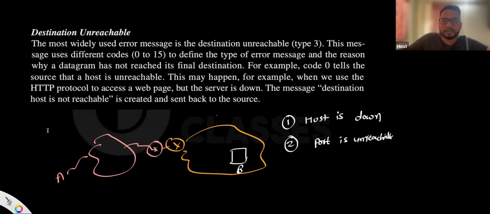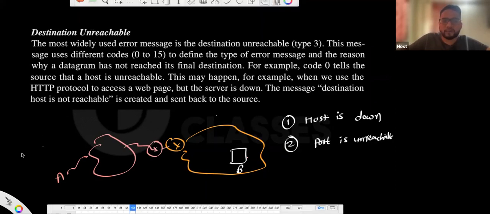Using the code. Yes, very good. There are multiple cases within destination unreachable, and using the code you will get to know which case it is. For example, when the port is unreachable, the message destination host is not reachable is created and sent back to the source.